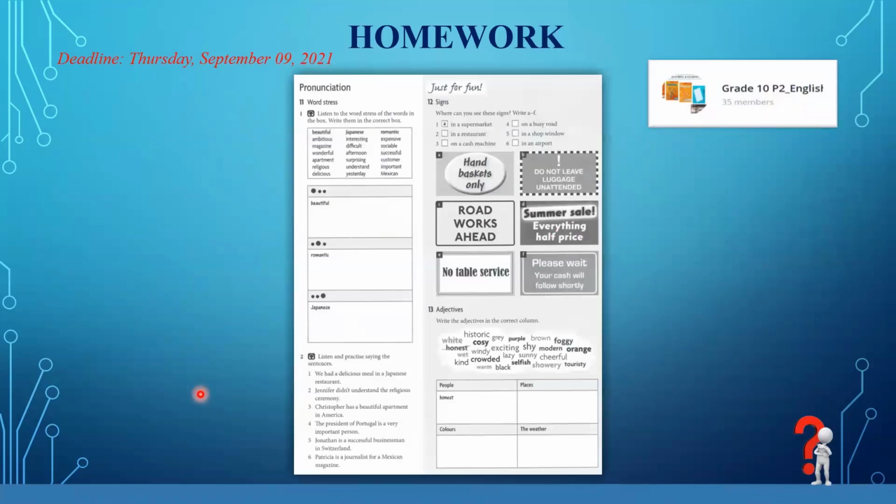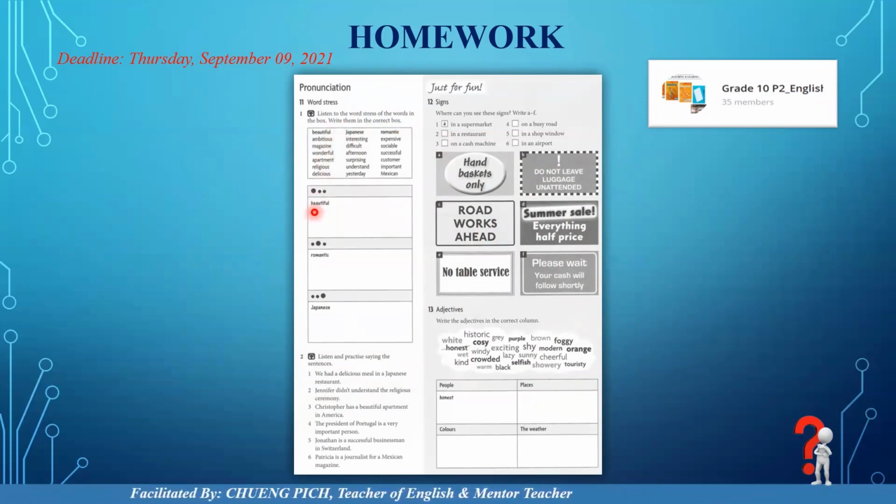So today's homework is about pronunciation. What's the stress here? Number one and number two, I will send you the listening audio in the group, so you just follow the group here, grade 10 P2 English. I will send these two listening audios for you to listen and complete this task. You just listen and then decide which stress each word in the box has.